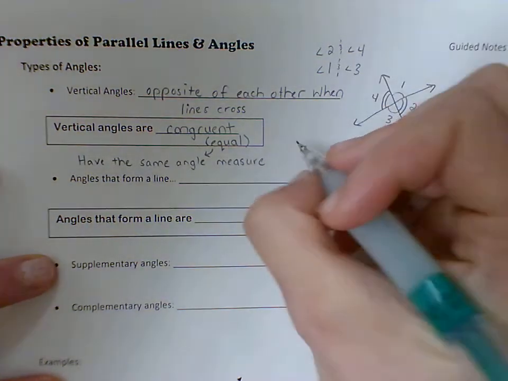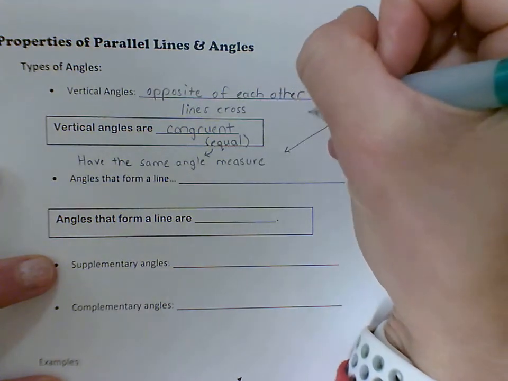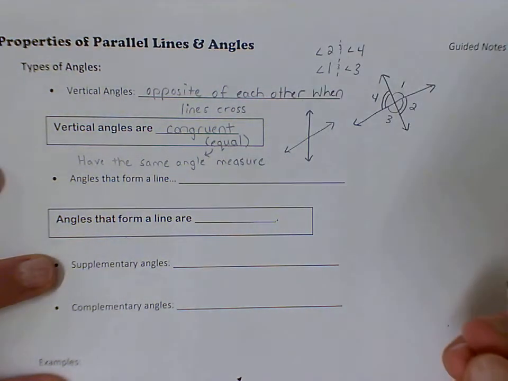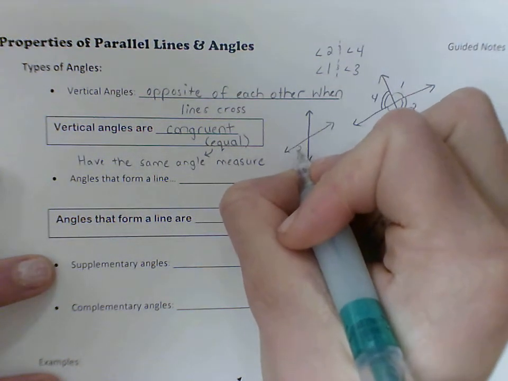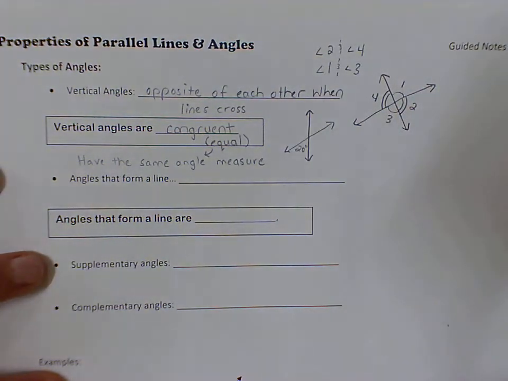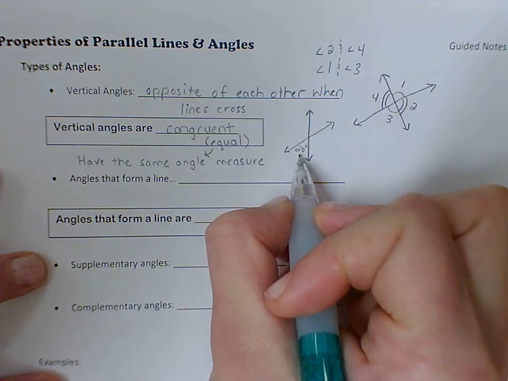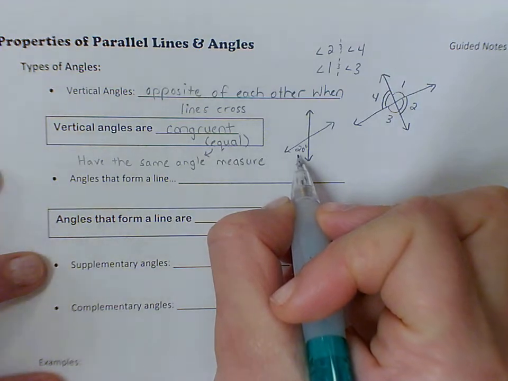So if I gave you a problem, let me draw two lines crossing again. I'm going to make them look a little bit different this time so you get used to seeing it in different ways. If I told you that, for instance, this angle measure right here was 20 degrees, because we measure angles in degrees, then if I find the vertical angle with it, that measure will be the same.